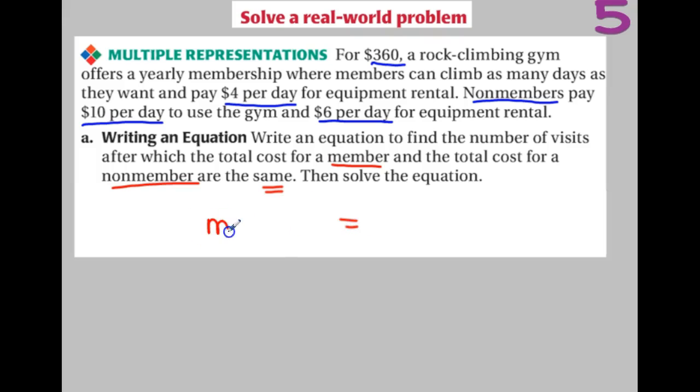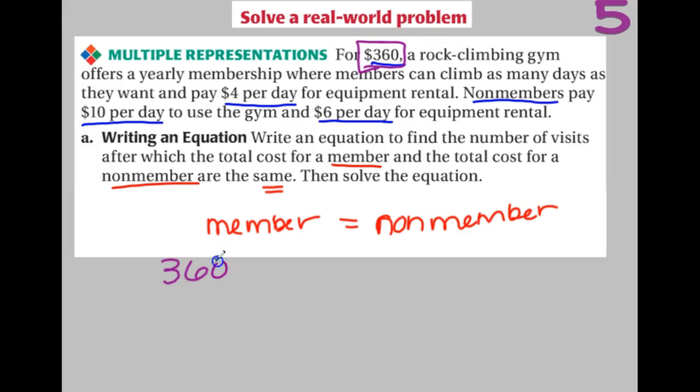So I'm going to set up the cost for a member equal to the cost of a non-member. Well, to be a member, it says it's going to cost you $360 one time for the year. But each time you come in, it's also going to cost you $4 per day to rent equipment.